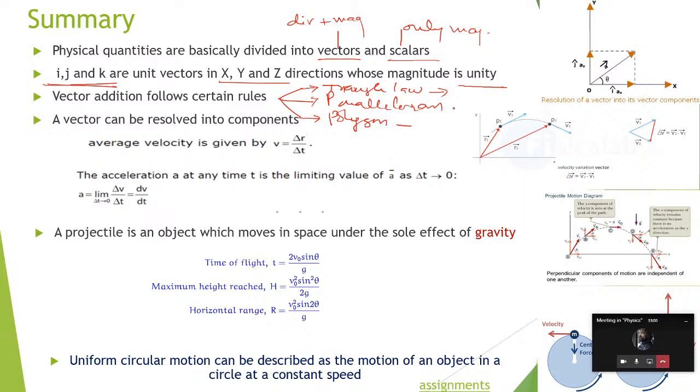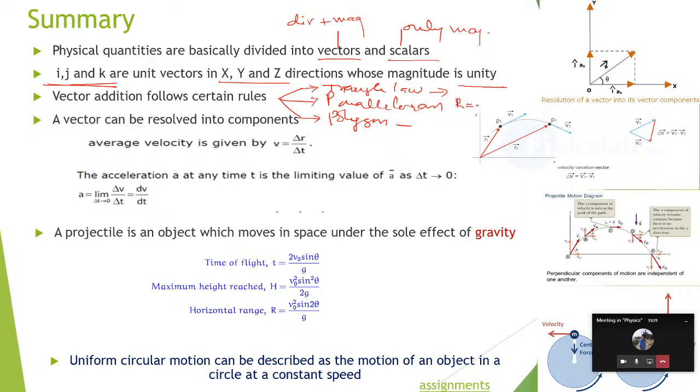Then parallelogram law of addition of vectors. If two vectors are positioned tail to tail, then they form a parallelogram, and the resultant will be the diagonal of the parallelogram.